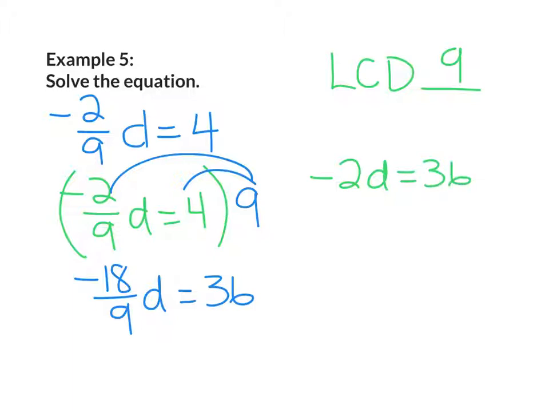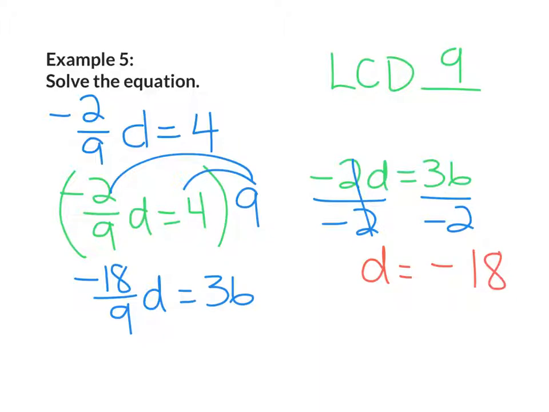Since 2 times d is multiplication, I'm going to do the inverse, which is division. So I'm going to divide by negative 2 on both sides. This cancels out. I will be left with d equals negative 36 divided by 2 gives me negative 18. So my answer is d equals negative 18.